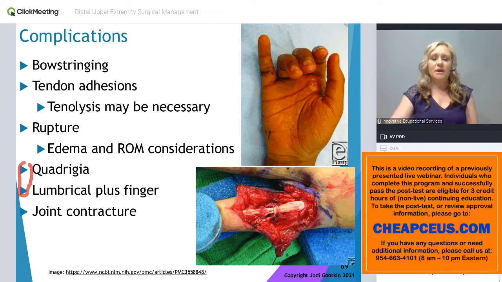It is a great image looking at that annular ring, and I'll draw a circle around it here to show us the complex anatomy in this area. And when a patient's tendon ruptures, either if we're seeing them pre-op or post-op, and it was an unfortunate complication, this patient in the top image is being asked to flex their fingers down and that pinky is not going, and they did have an avulsion that needed a repair.